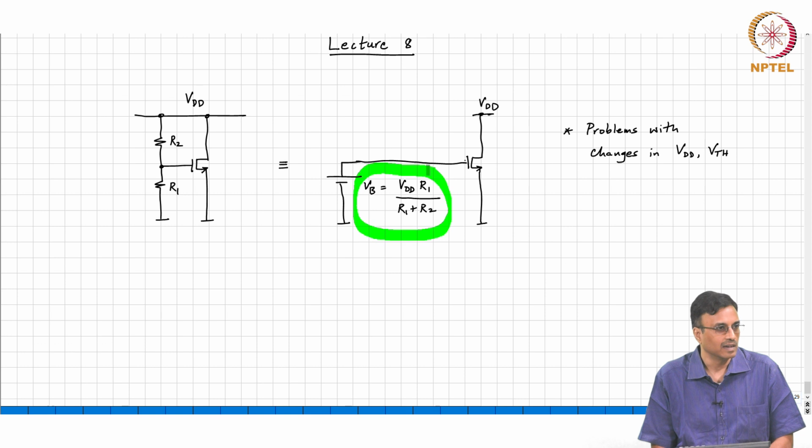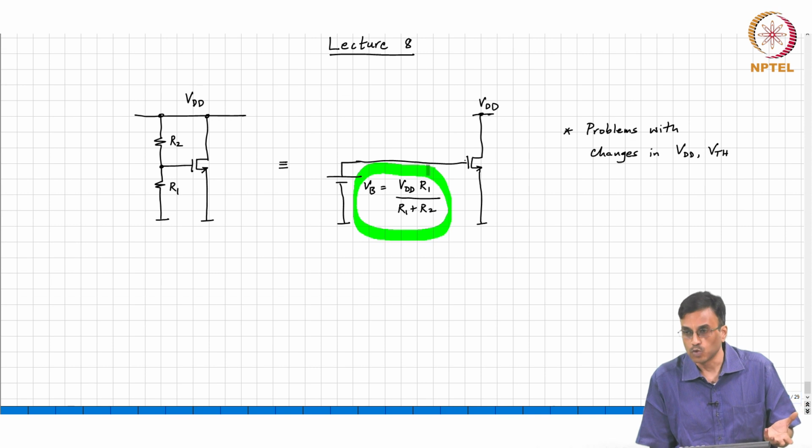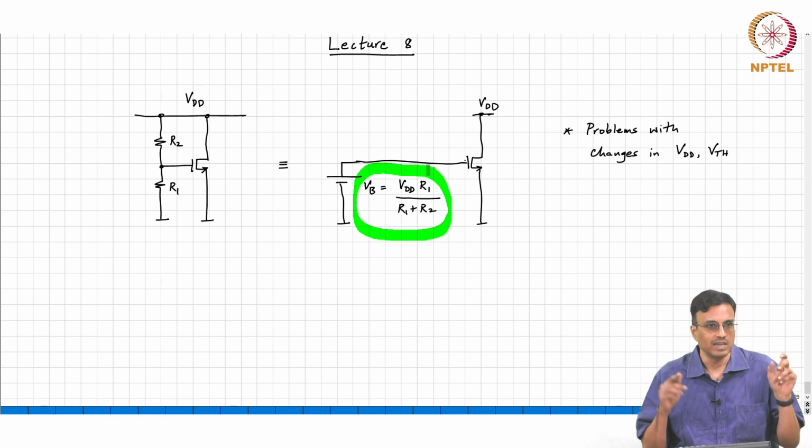It does not change voltage when the threshold voltage or the mu and Cox W by L of the MOSFET changes or deviates from the nominal value, and as a consequence the quiescent operating point is changed. So, the fix therefore is to make Vb intelligent and be able to figure out.